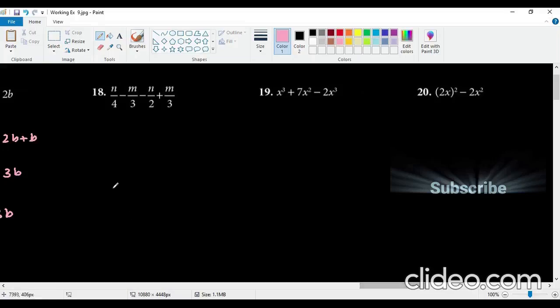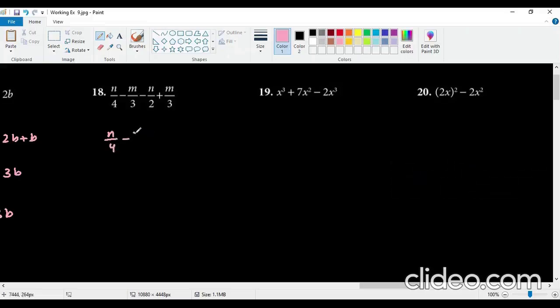Moving on to question number 18. So I'll keep n over 4 first and minus n over 2 next, and I will write plus m over 3 and then minus m over 3. So in here, you know very well that we need to make the denominators equal.